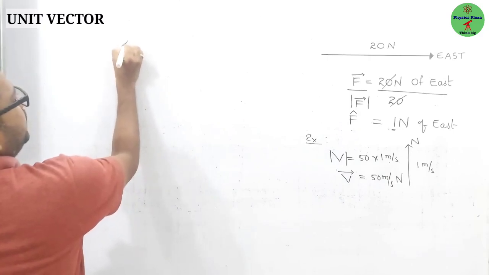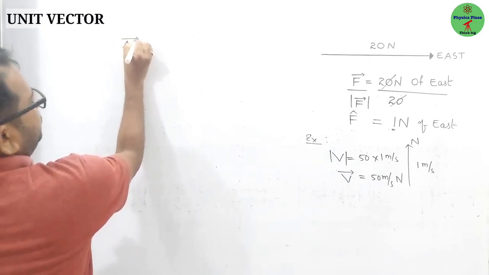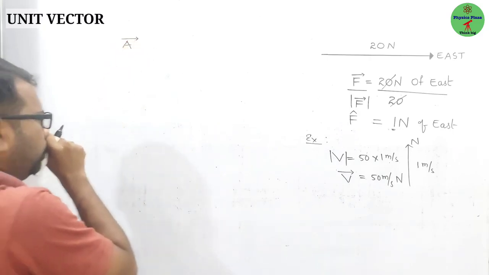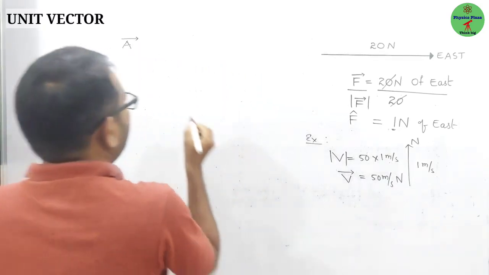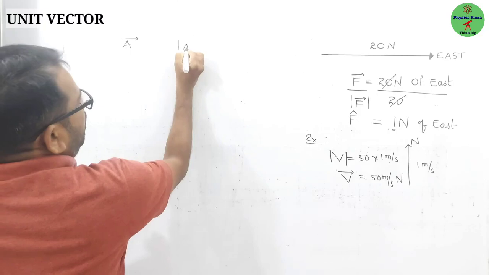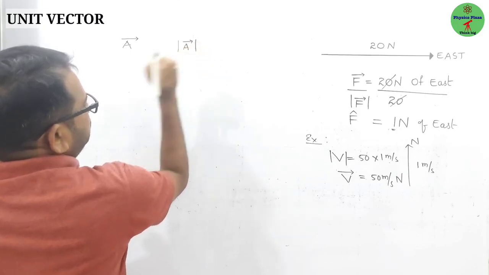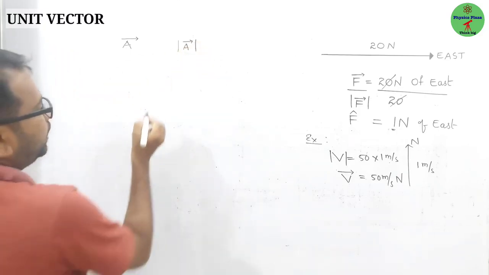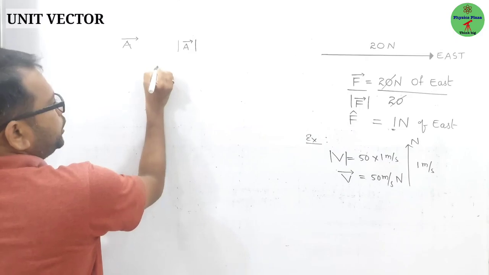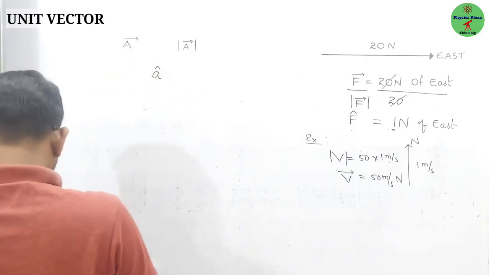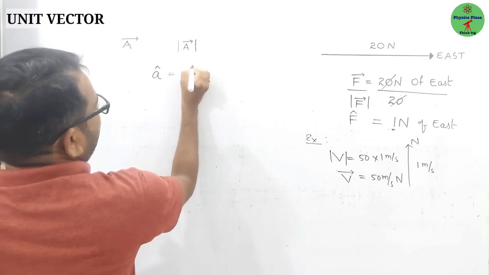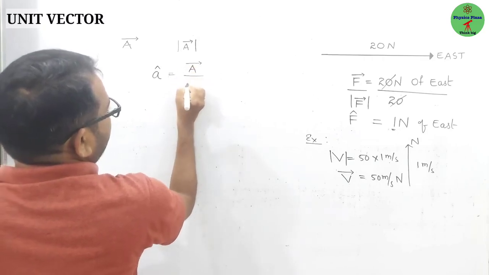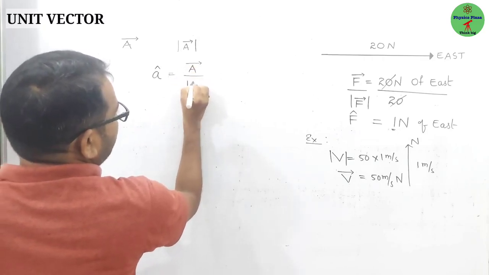Suppose, children, A is a vector, and mod A is its magnitude. Now we will define the unit vector of this particular vector. How? In a simple manner: this is a vector divided with its own magnitude.